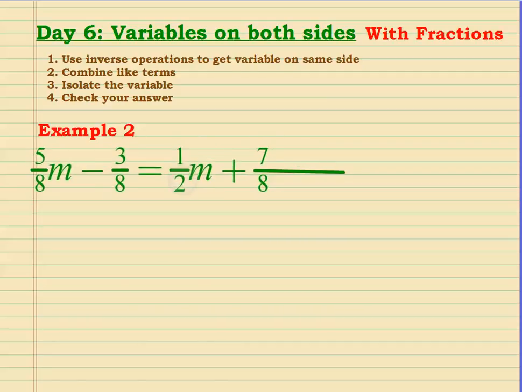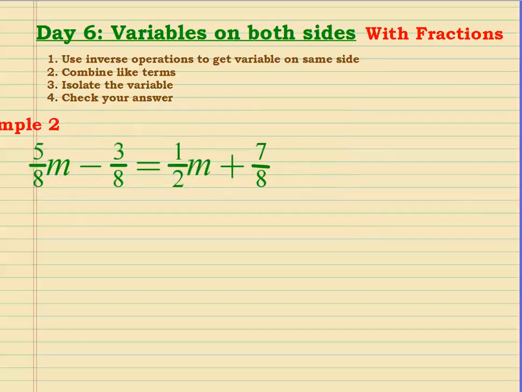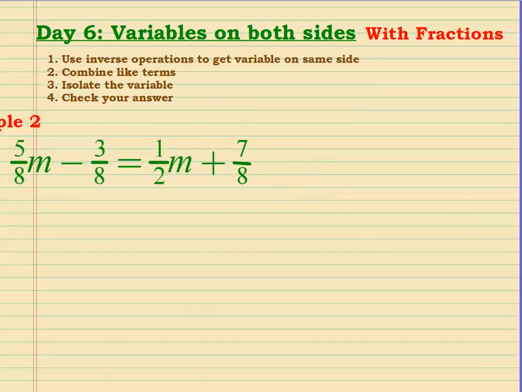So I'm going to move this over here so I have more work. Okay, I'm going to move everything over so I have more space to work. And I'm going to rewrite. I have 5/8 m minus 3/8 is equivalent to 4/8 m plus 7/8.